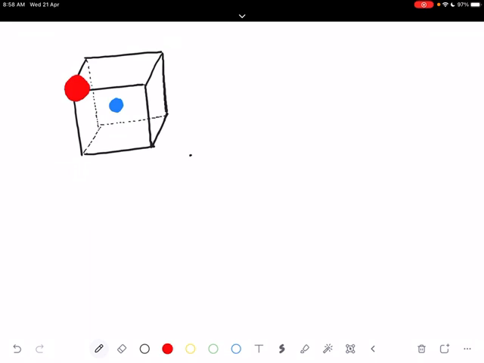This is one ball, this is another ball. I'll mark it with yellow because we were using yellow.